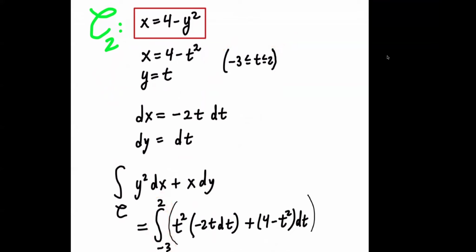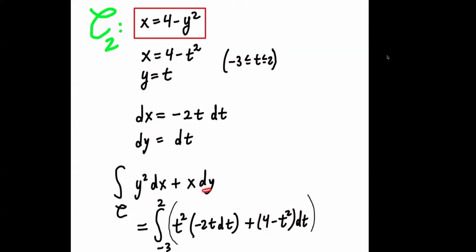We have y squared, which, in this case, is t squared. dx is this. This thing here is x by our parameterization.